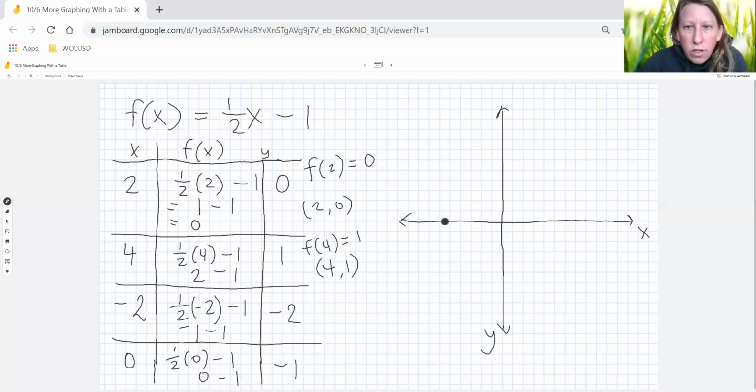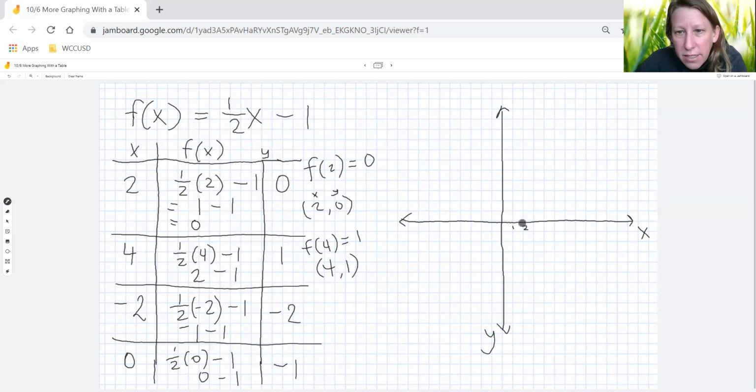So 2, 0. Is that here or is that here? Well, the first number is 2, and that's my x coordinate. So I'm going to go 1, 2. My second number is 0. That's my y coordinate. So that means I'm going to go 0 on this line.